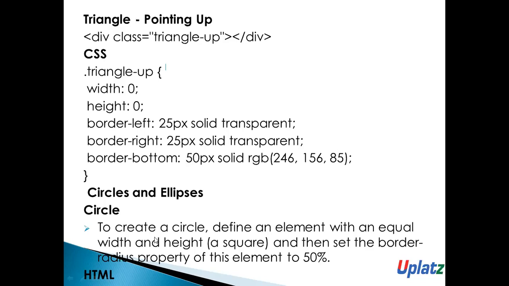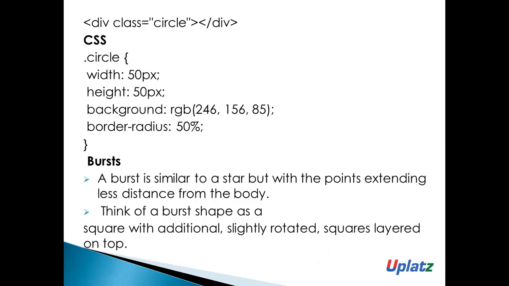So next would be circle and ellipse. To create a circle you need to define an element with equal width and height. Then you can set a border radius of that particular element to 50. So the HTML class circle. In CSS, I'm just making the circle class with width 50.